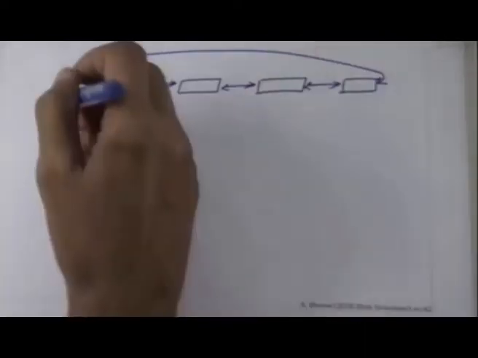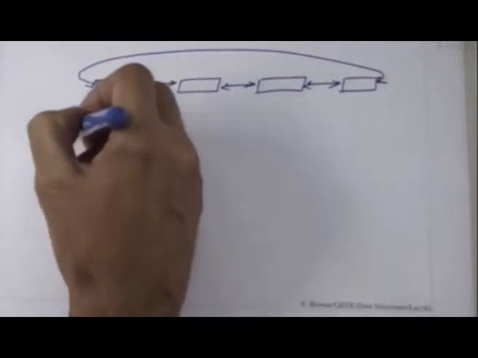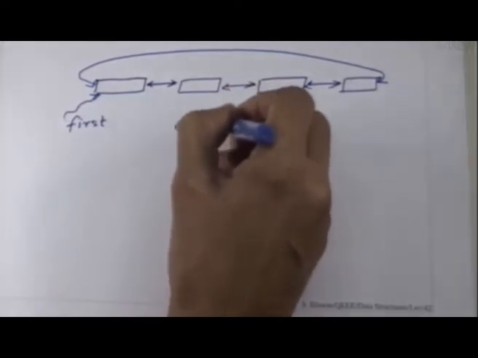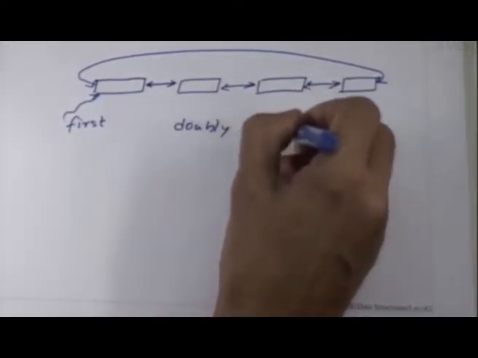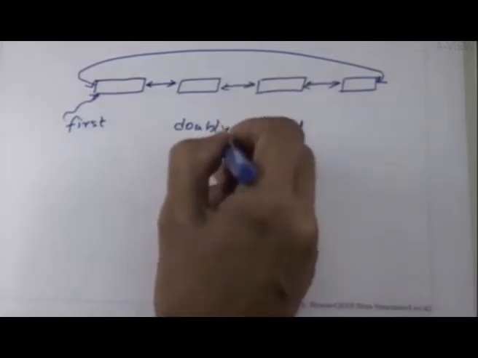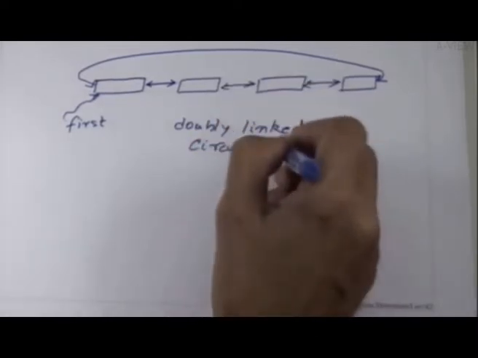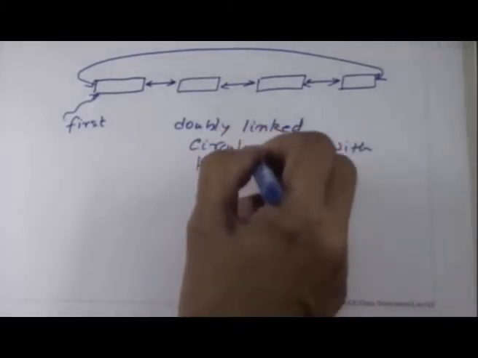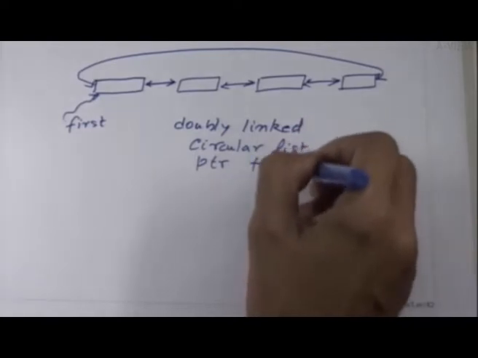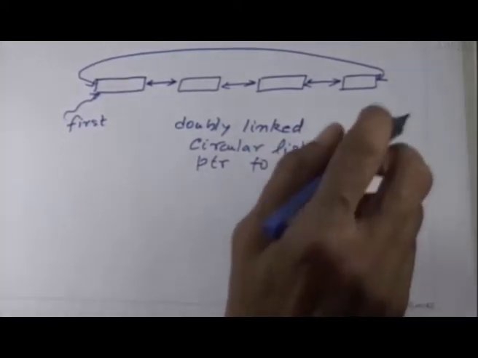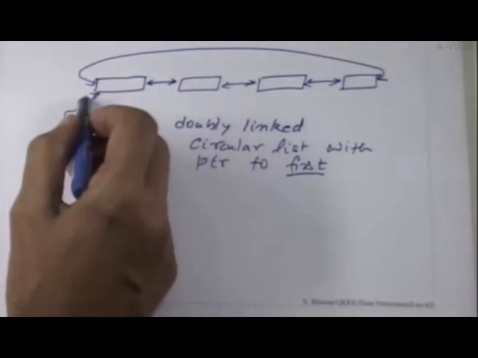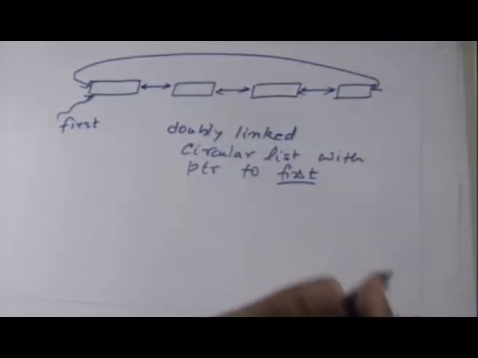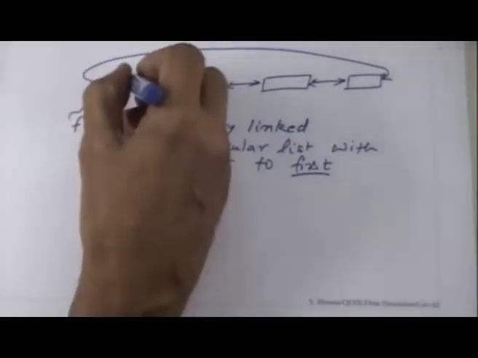Let me, without loss of generality, assume that my doubly linked circular list, this is how I'll describe this structure, two linked fields with pointer to the first. I have only one pointer. And you observe that in a doubly linked list I don't need two pointers. If I take the first element and take the previous value, I'll get anyway the end of the list because it's doubly connected.